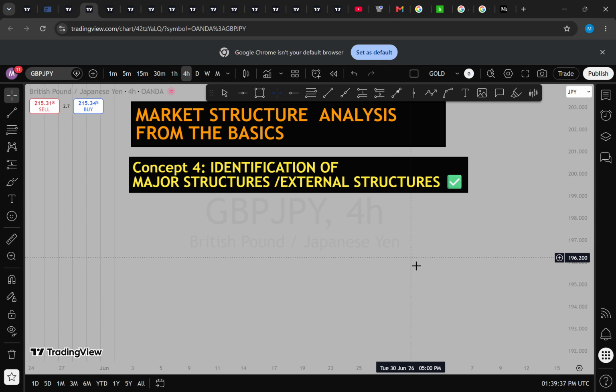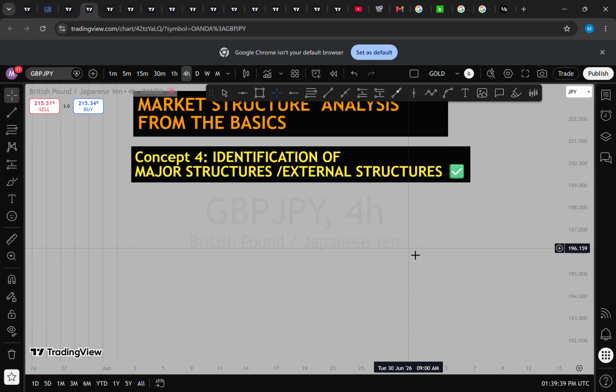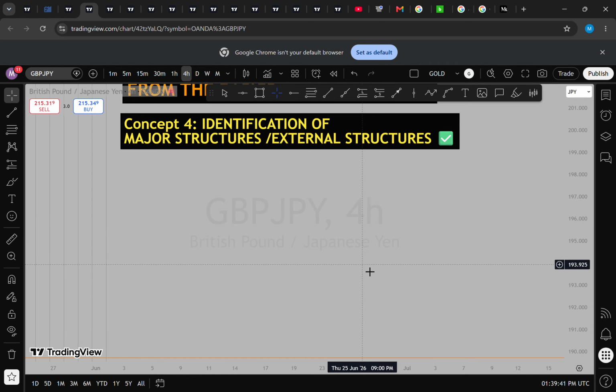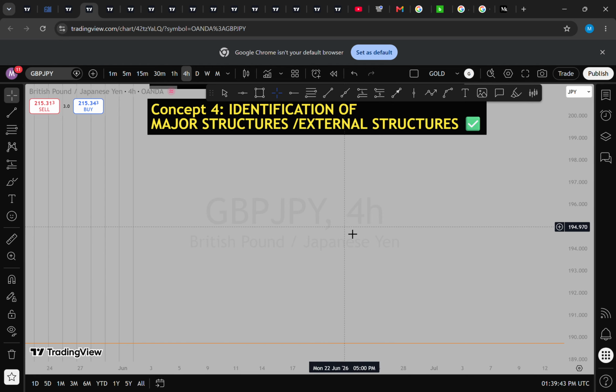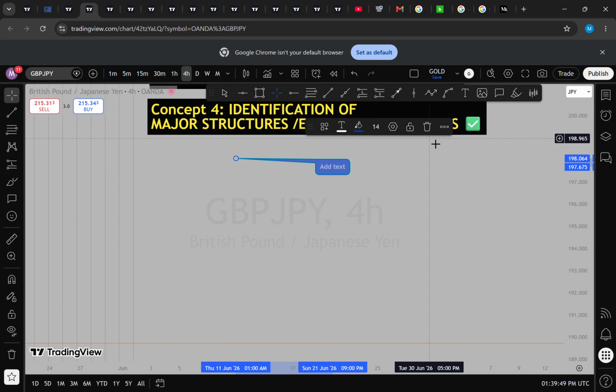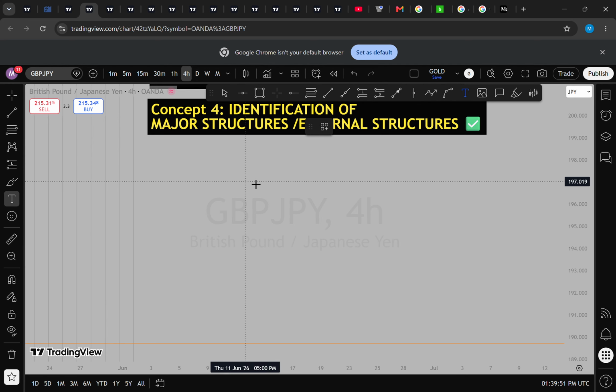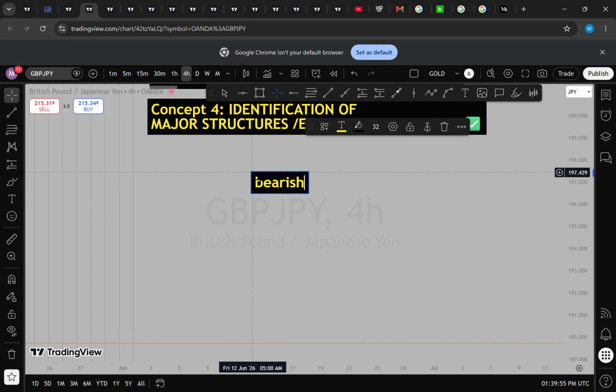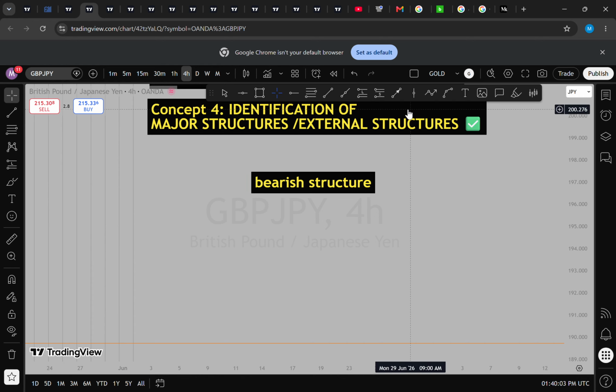Okay, let us begin. So let's start with the bearish structure. So from here we have a bearish structure.